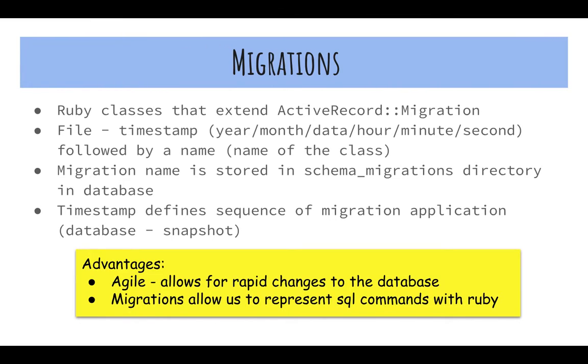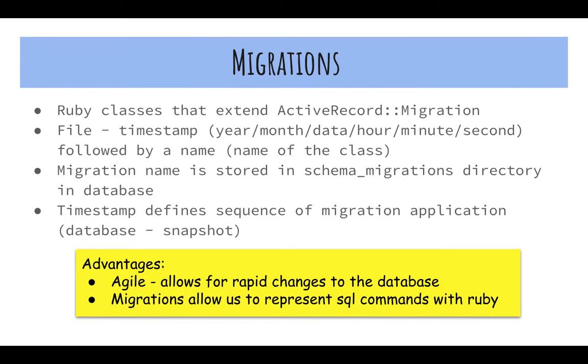The migration name is stored in a schema migrations directory in the database, and this timestamp defines the sequence of migration application. So it's like a snapshot of our database at a certain point in time.